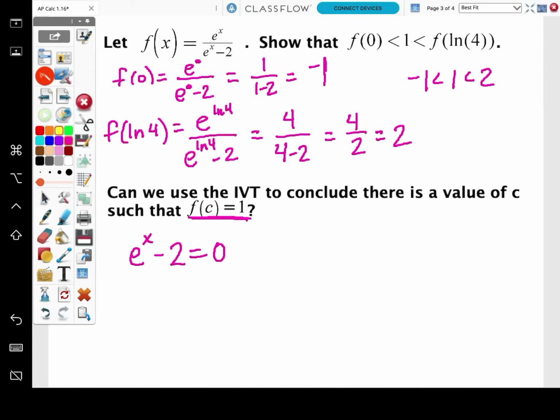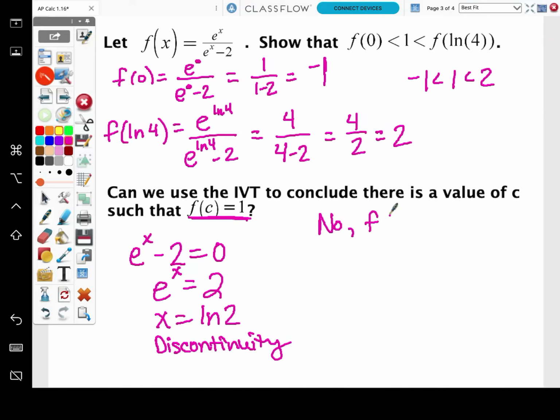So e to the x minus 2 equals 0. And we solve, e to the x equals 2, natural log both sides, so we get x equals natural log of 2. Okay, this is a discontinuity. So is f of x continuous from 0 to natural log of 4?